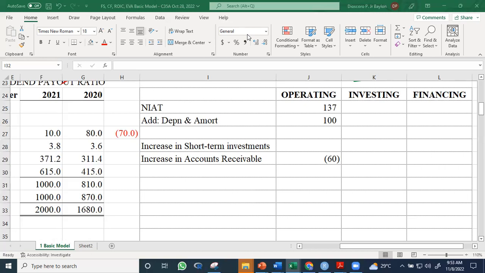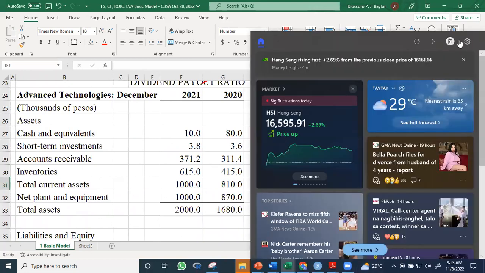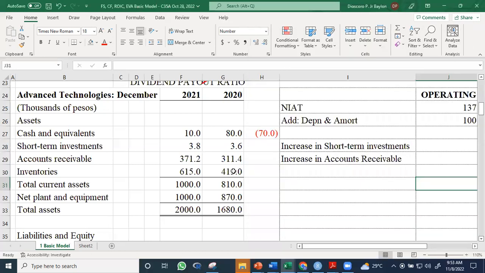Okay, my question dito, saan galing yung 60? All right, 60 is the difference between, okay, so let me repeat the process. We're interested to know what happened to receivables and how it will affect our statement of cash flows. So receivables increased from 311 to 371.